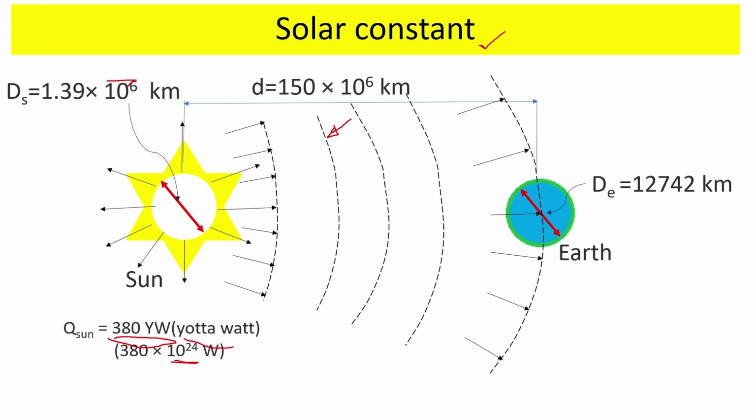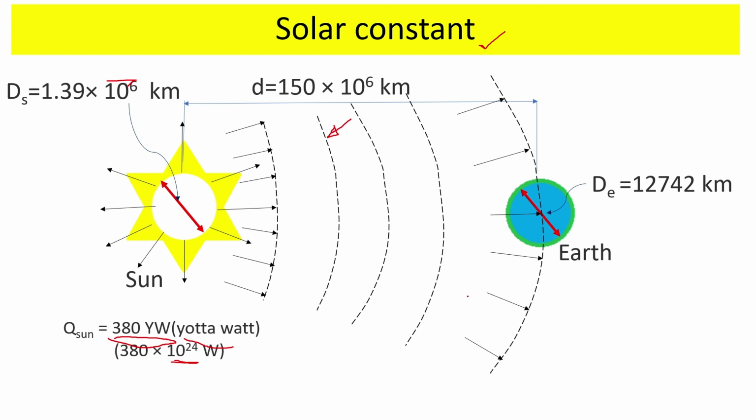So the energy which the sun has emitted is spreading over the surface of a sphere, until it reaches near the Earth. So it has spread over a very large sphere when it has reached the Earth, right?